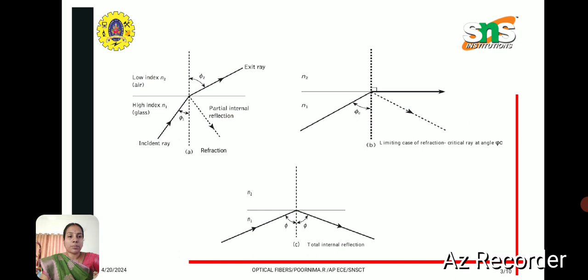The next case is the phenomenon where total internal reflection occurs. Here the angle is greater than the critical angle, so the ray is internally reflected. This is known as total internal reflection. The wave travels through the fiber using this principle.